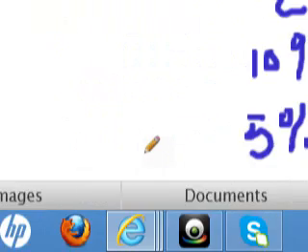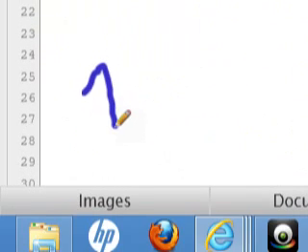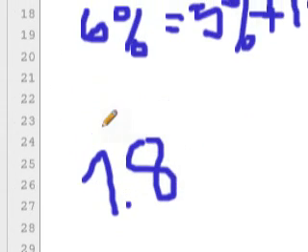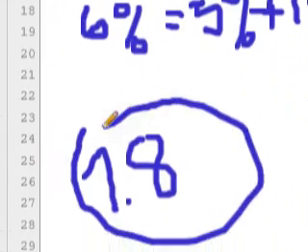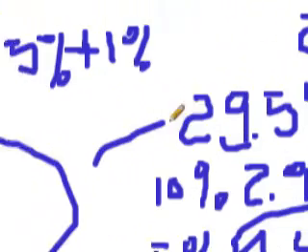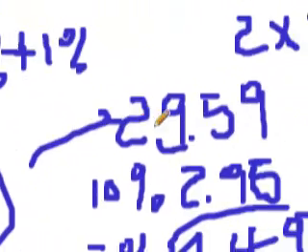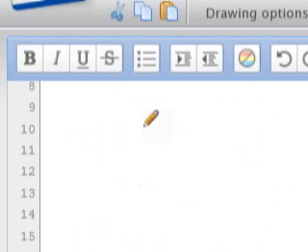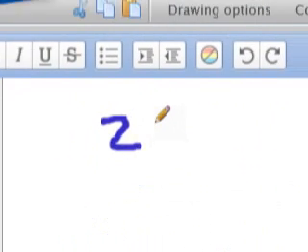So you agree? It's going to be 1.8. That's the 6%, that's the tax. So I'm going to add them together with the price after discount.